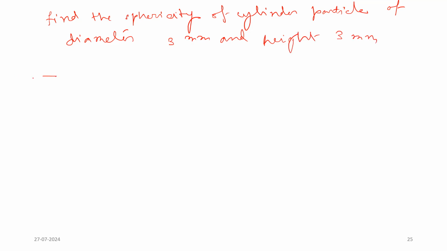So this is a silicon cylindrical particle which has diameter 3 millimeter and height also 3 millimeter. Now calculate its sphericity. Calculate and tell me.